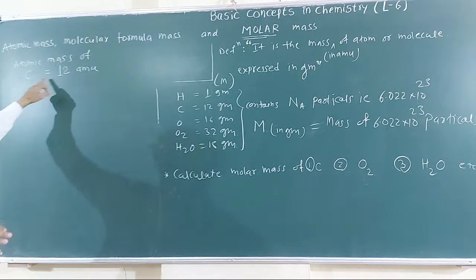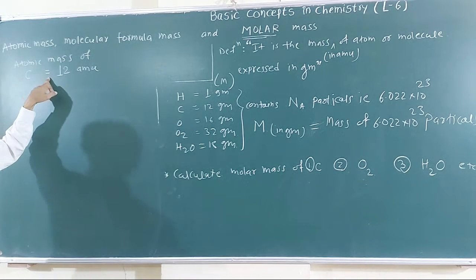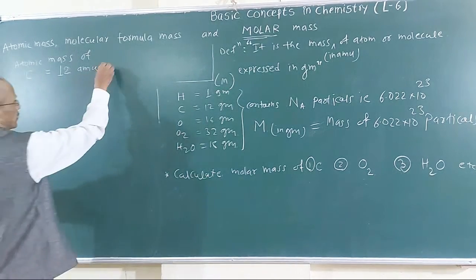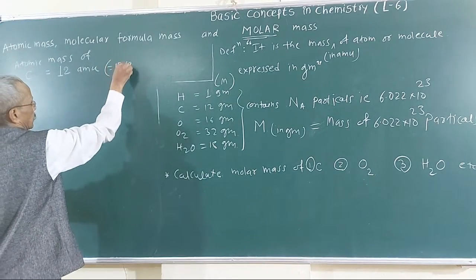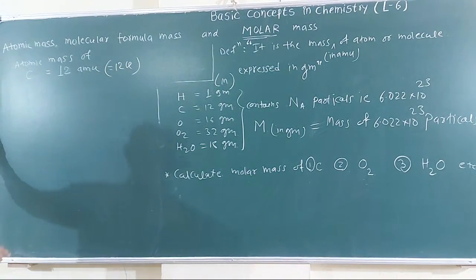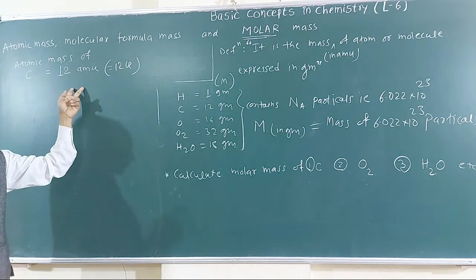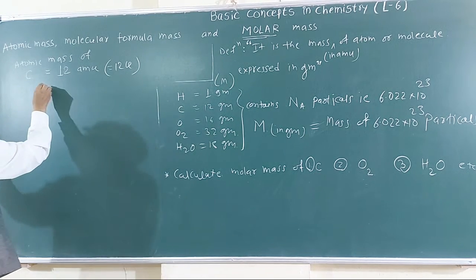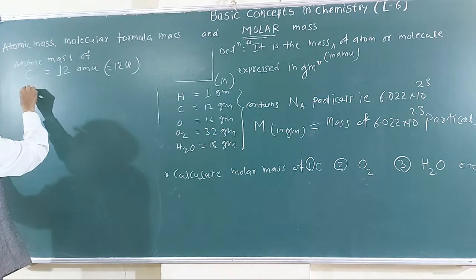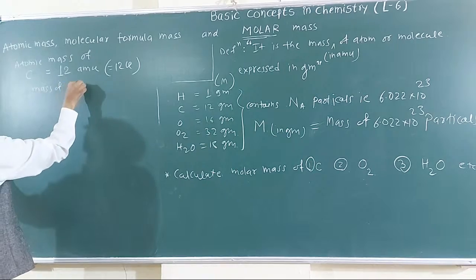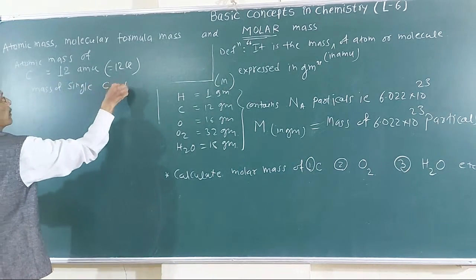So here, carbon is considered at 12 amu compared to hydrogen. 12 unified mass units is the mass of a single carbon atom.